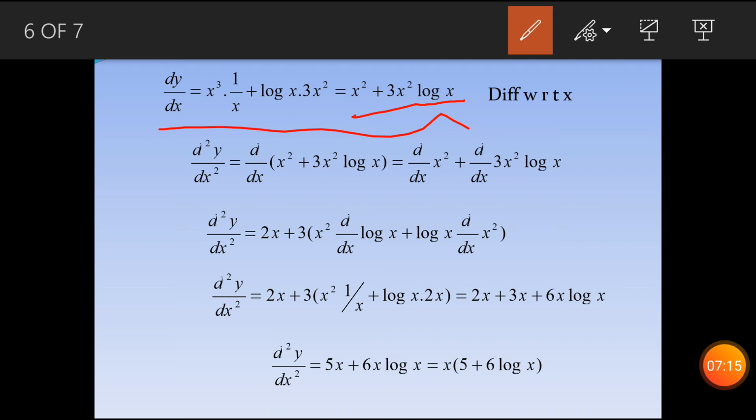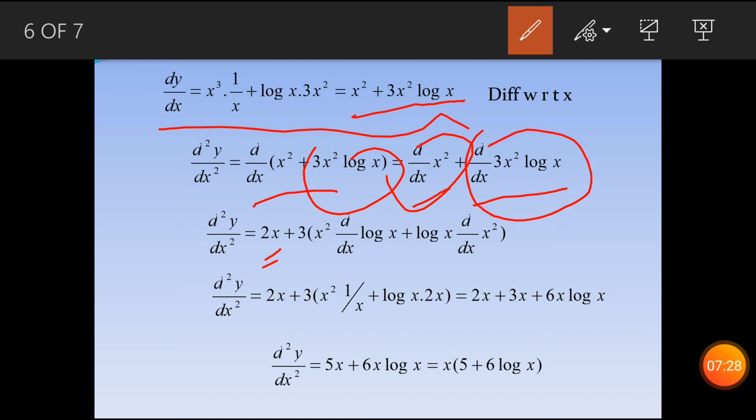So again apply algebra: d over dx of x square plus d over dx of this function. Now d over dx of x square will give you 2x, and this is again the multiplication of two functions, so we are going to use the product rule. Take 3 outside. First of all, x square as it is, d over dx of log x, then log x as it is, and d over dx of x square.